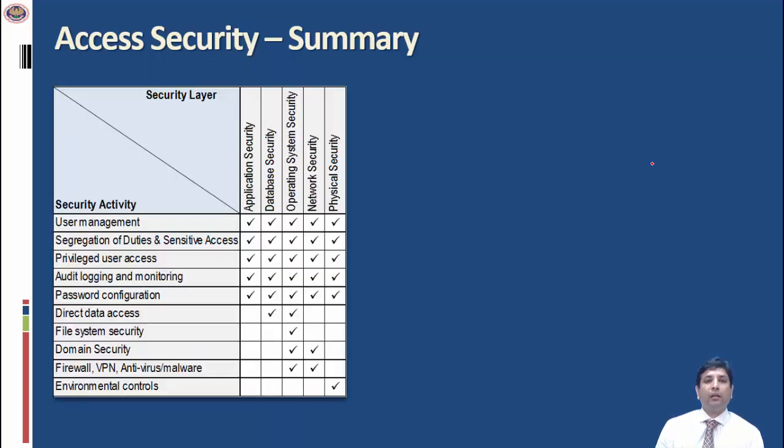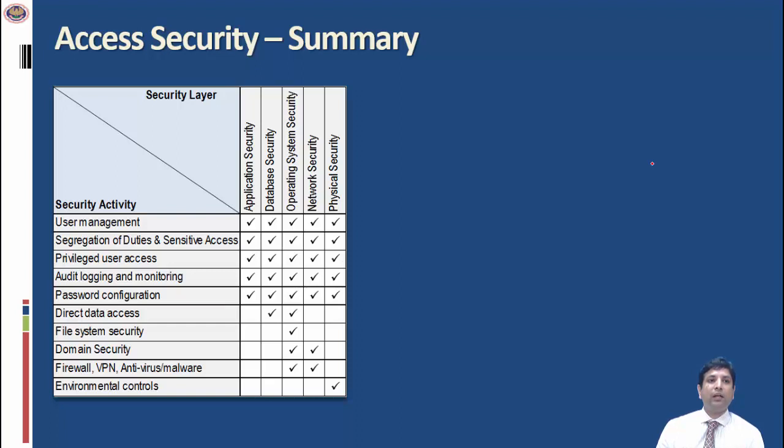Here we look at the mapping between the security activities that we have seen, the various security activities of user management, segregation of duties, sensitive access, privileged user access, audit logging and monitoring, password configuration, direct data access, file system security, domain security, firewalls, VPN, network and antivirus controls, and physical and environmental controls.